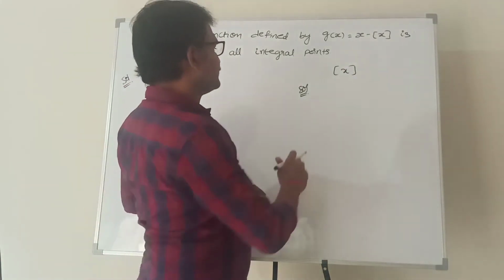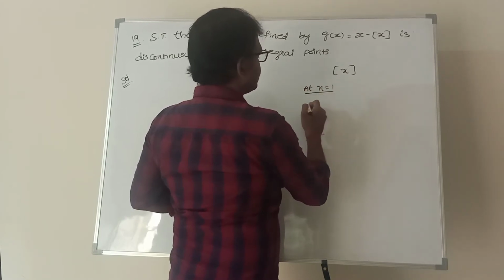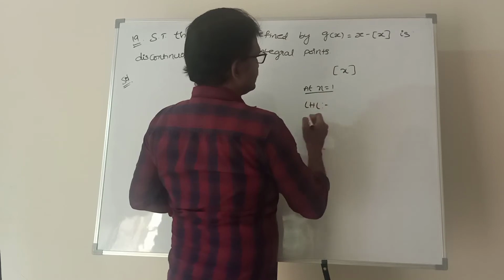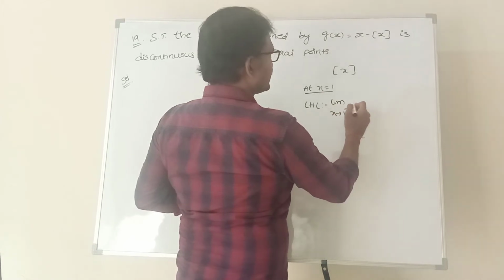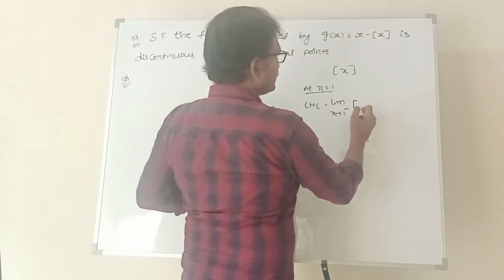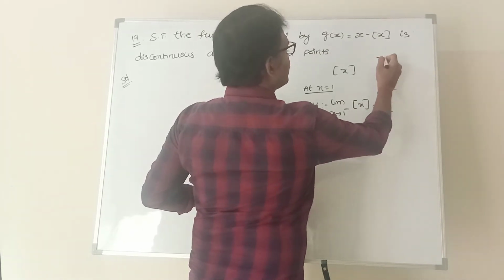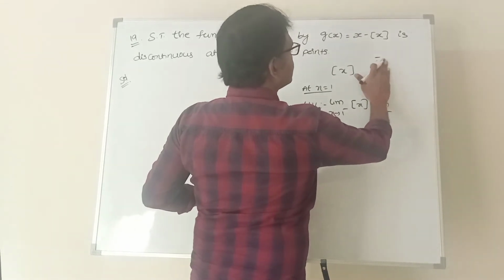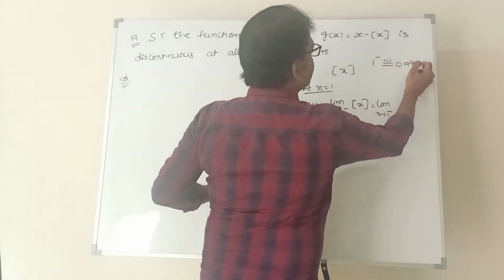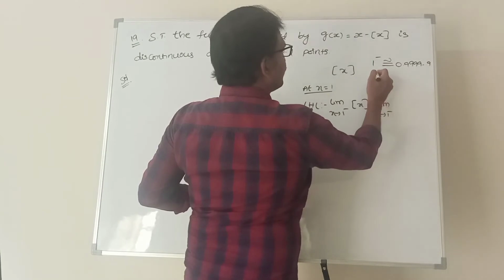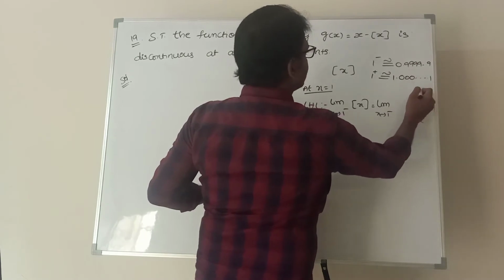This is step x. For step x, at x equal to 1, what is the left hand limit value? The left hand limit is limit x tends to 1 minus of step x. 1 minus means approximately equal to 0.999 and so on, infinite number of 9s. 1 plus means approximately equal to 1.000 and so on 1.